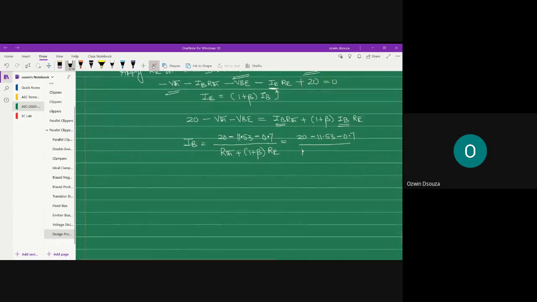So it is 1.73 kilo plus 1 plus beta, that is 1 plus 120, into RE. RE is 1.8 kilo.